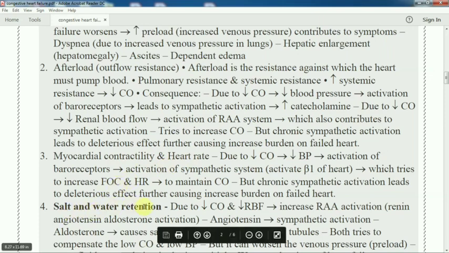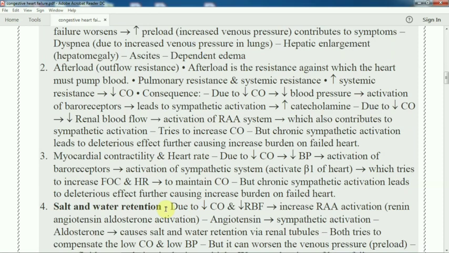See the salt and water retention: due to decreased cardiac output in a congestive heart failure patient, renal blood flow decreases, as we have discussed, increasing renin-angiotensin-aldosterone activation. How angiotensin 1 converts to angiotensin 2 we will discuss in the antihypertensive chapter. Sympathetic activation and the aldosterone receptor cause salt and water retention via the renal tubules.